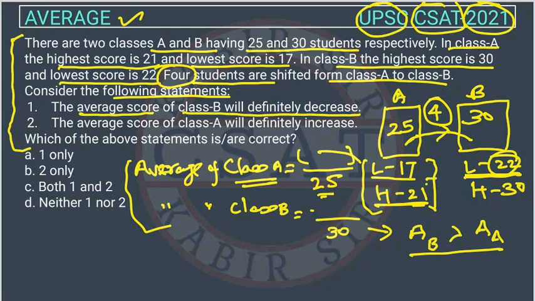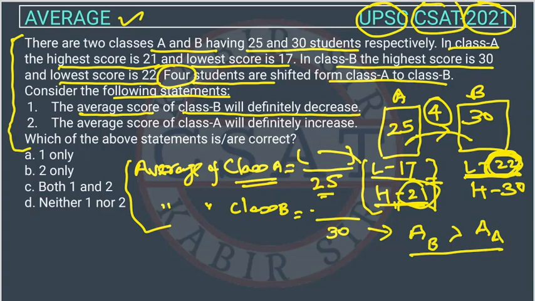But in class A, even if all the students got the highest mark, the average can't be greater than 21. You have to understand that, right? And in class B, even the minimum average can't be less than 22. So the average of class B is greater than the average of class A by this information.